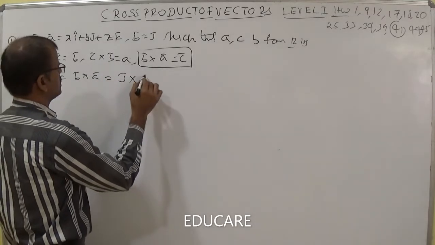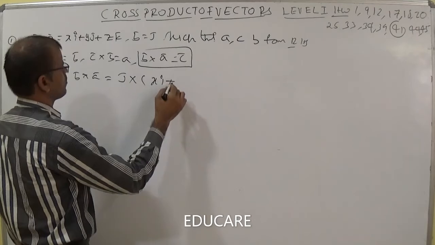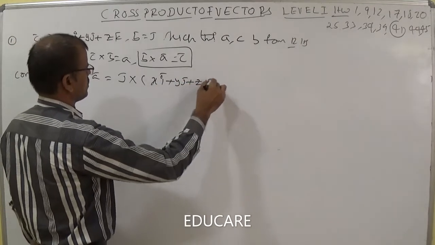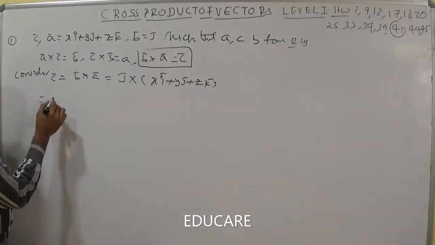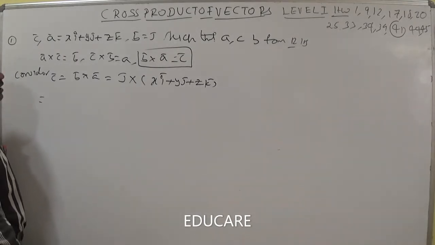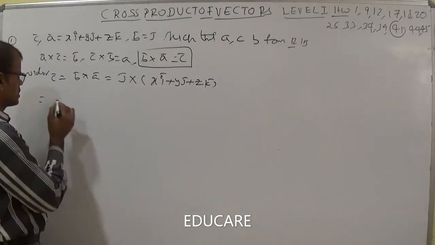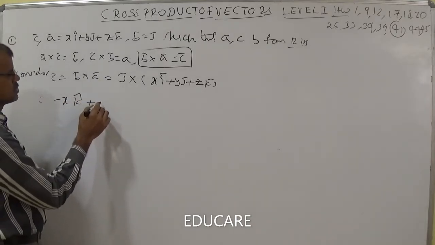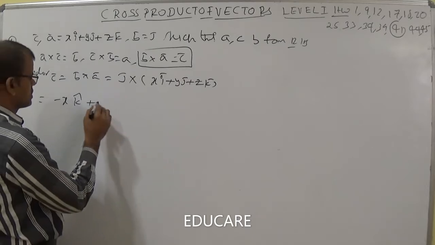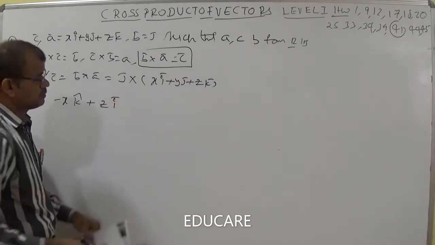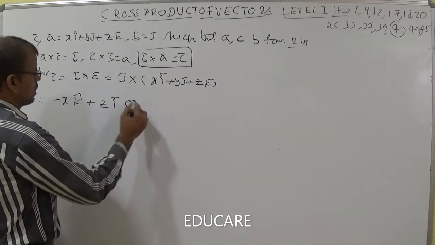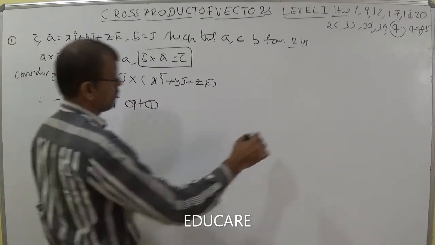J cross Xi plus Yj plus Zk. That is equal to: J cross I means minus K, so minus Xk, plus J cross J is 0, and J cross K is I, so Zi. That's all: Zi minus Xk, as given. The option is 1.